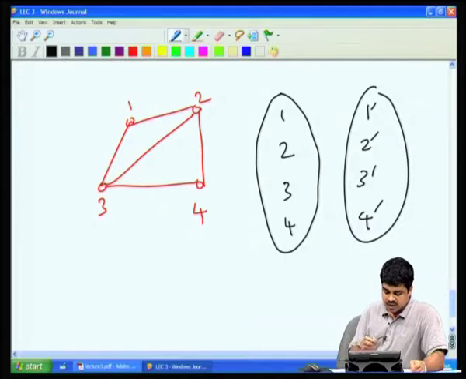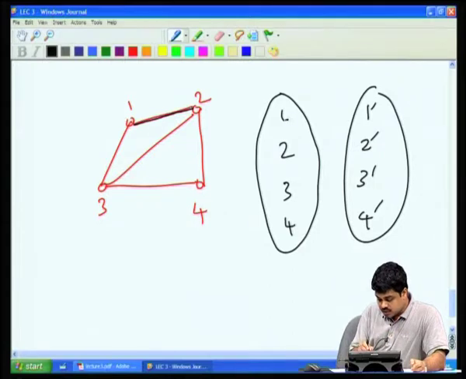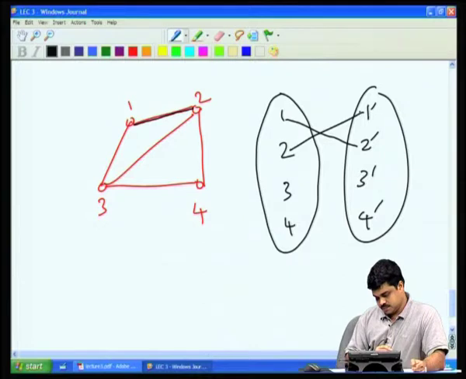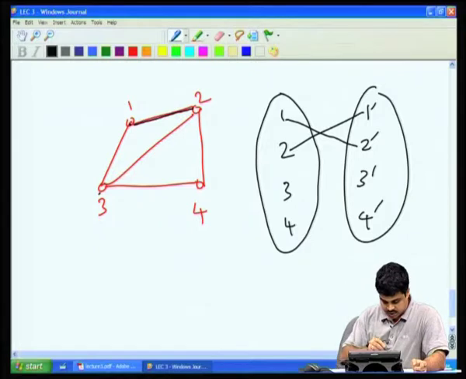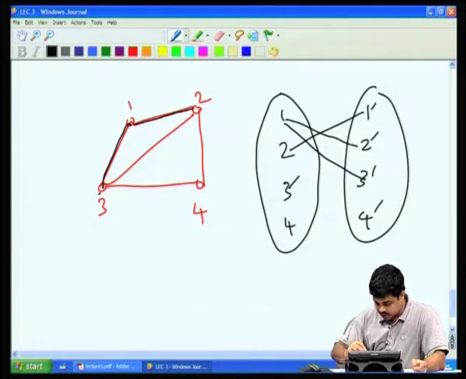Now, I see that there is an edge here between 1 and 2. So, I will put an edge between 1 and 2 dash, and also 2 and 1 dash. For one edge here I put two edges. Between 1 and 3 there is an edge, so I put 1 and 3 dash and 3 and 1 dash.